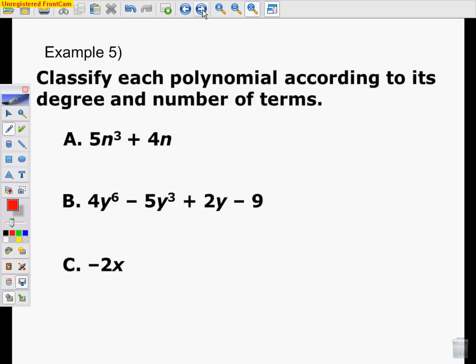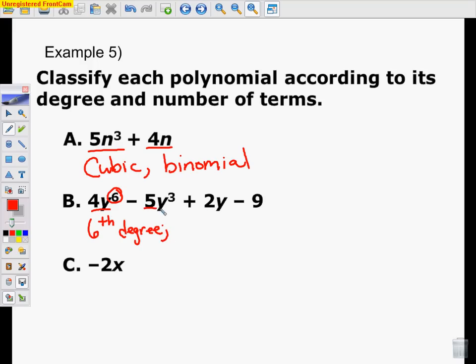All right. Here, example 5, classify each polynomial according to its degree and number of terms. So in example A, the highest exponent is 3, so that would be a cubic. And it has 2 terms, so that would be a binomial. All right, in part B, the highest degree is 6, so that's a 6th degree polynomial.